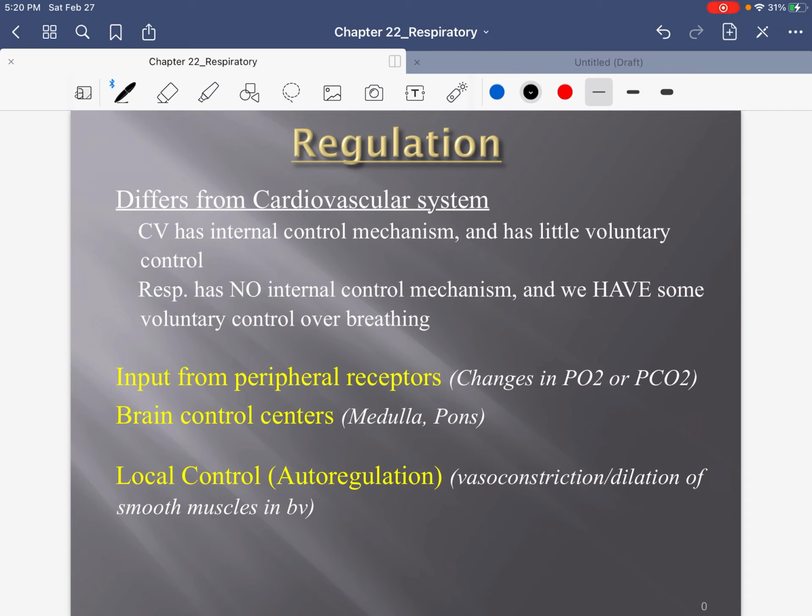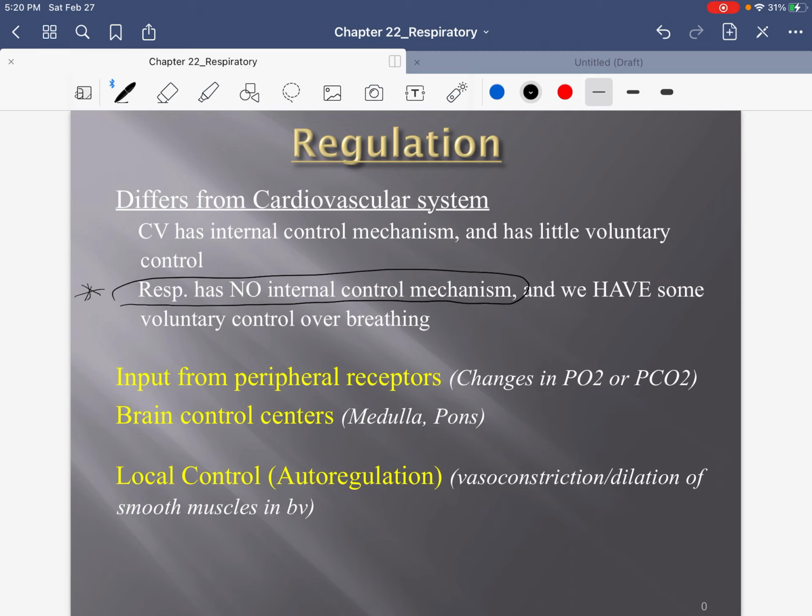One thing that's different between the respiratory and cardiovascular systems, the respiratory system has no internal control mechanism. These are things that are unique to the respiratory system. The cardiovascular has its own little internal regulatory system.